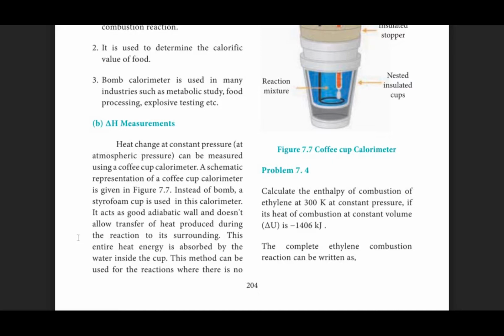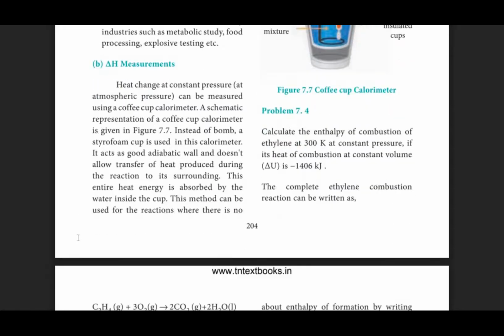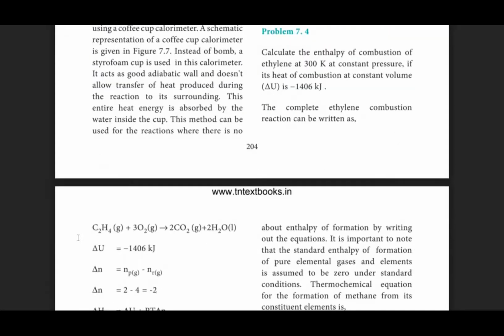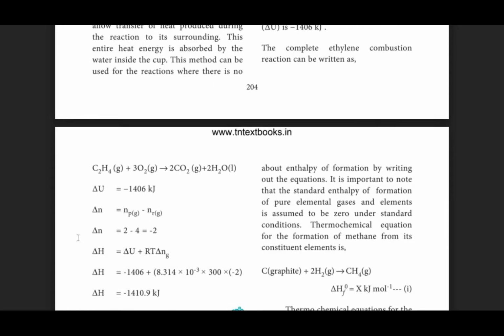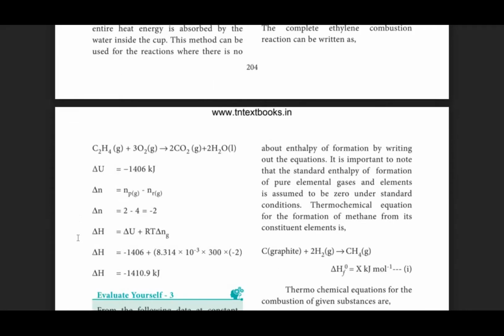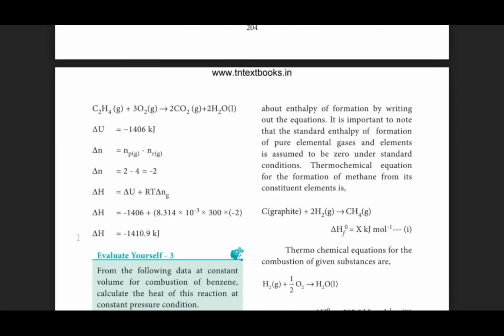The complete ethylene combustion reaction is given here as C2H4 plus 3 O2 gives 2 CO2 plus 2 H2O. The delta U value is given as minus 1406 kilojoules.